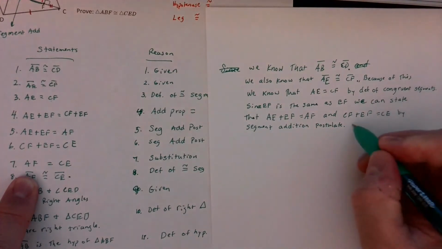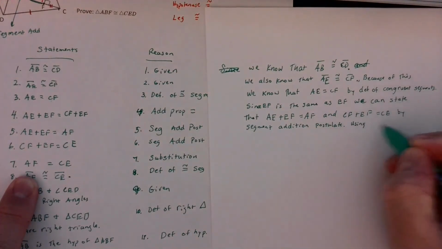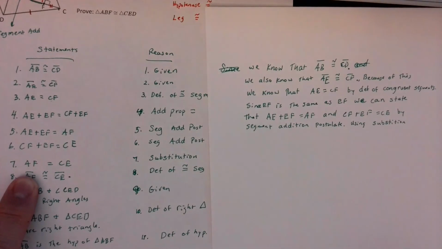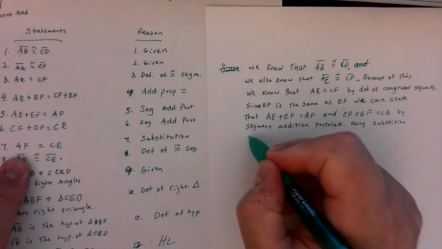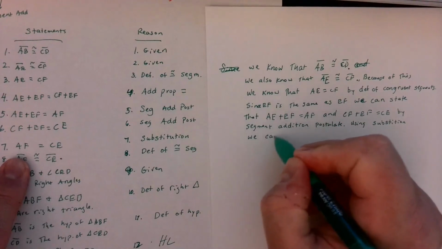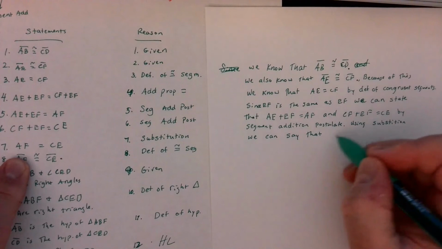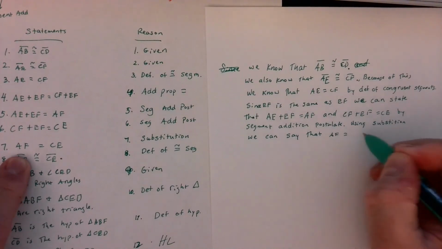Using substitution, see, I'm trying to get my reasons in there with my statements. Using substitution, we can say that AF equals CE.